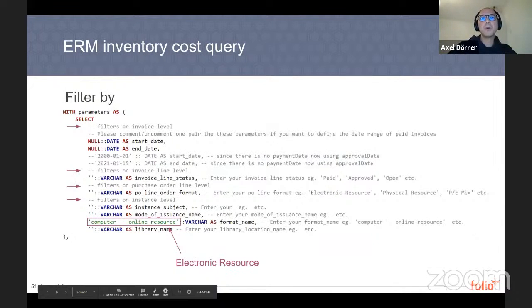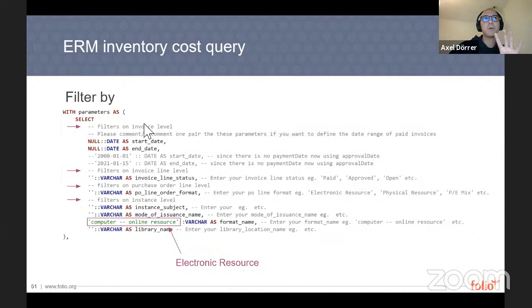So what we have here, we want to have the filters, as we already saw. We want to filter on a start and end date, and as there's no payment date at the moment, we are taking the approval date as a substitute, as long as this is not there. Then we have several levels of filters, just to have this as a more convenient thing for somebody who wants to customize this query.